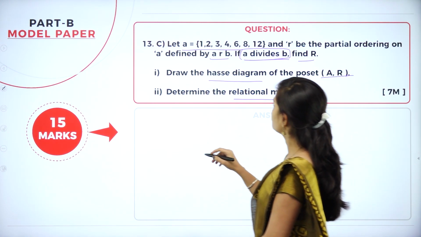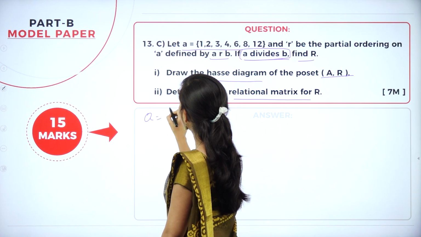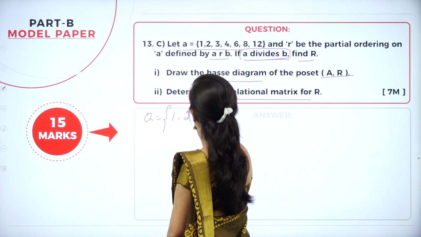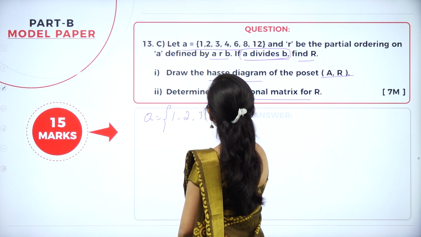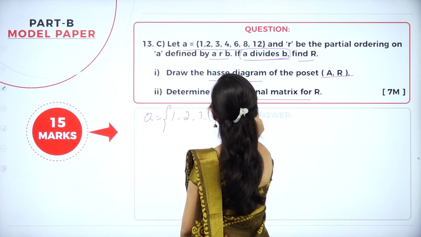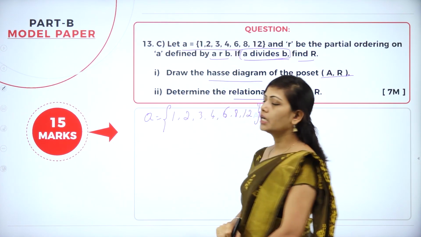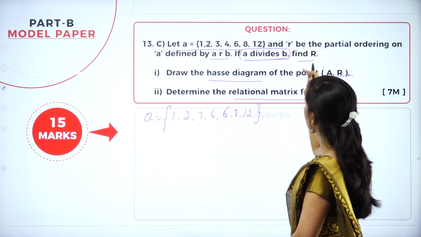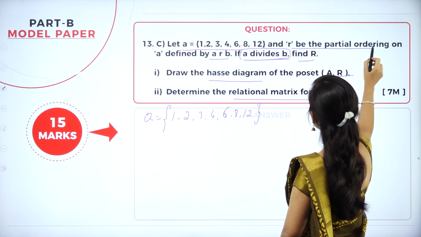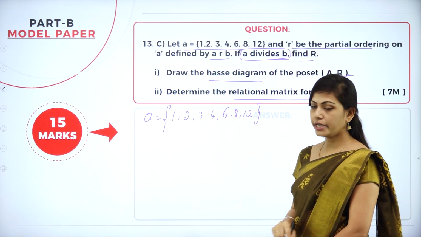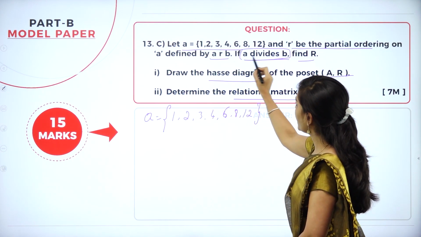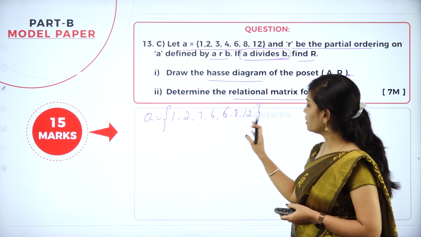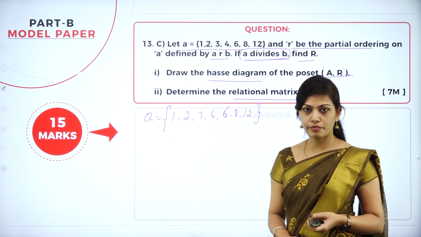First you have to list the elements, given set A is equal to 1, 2, 3, 4, 6, 8 and 12. Now you have to write the relation for this. R is the partial ordering defined by A R B if A divides B. So they have given the set of elements.